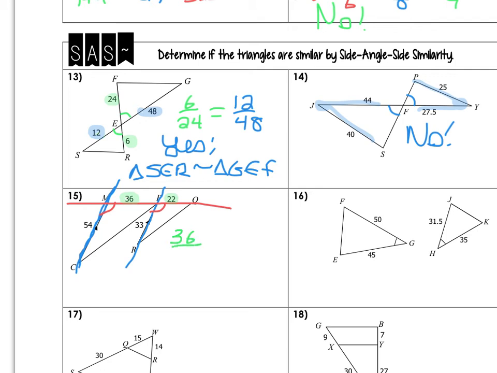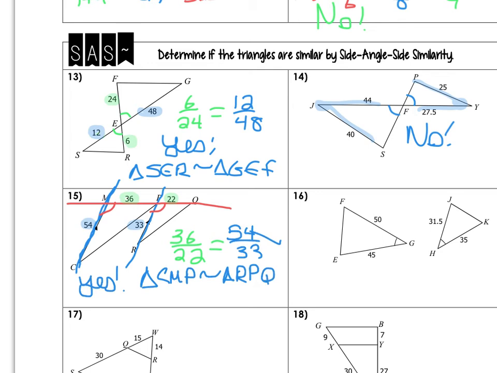So 36 over 22, and we want to see if that is equal to the next one, which is 54 over 33. When you plug that in your calculator, it actually works. So therefore, this is a yes. And we need to do our similarity statement. So triangle CMP is similar to triangle RPQ.